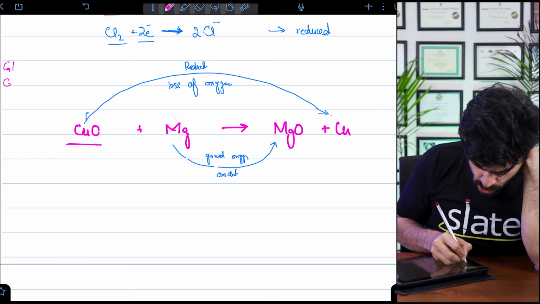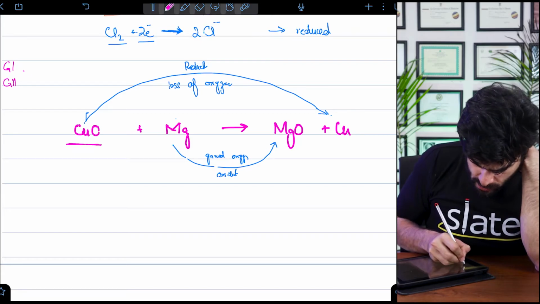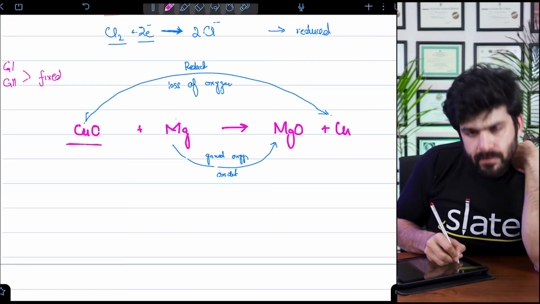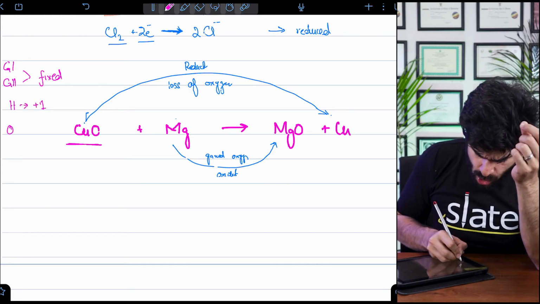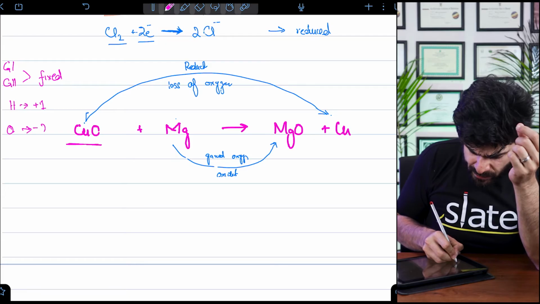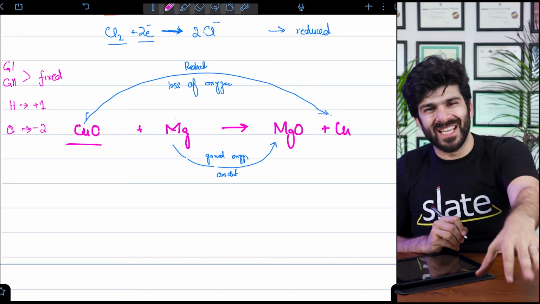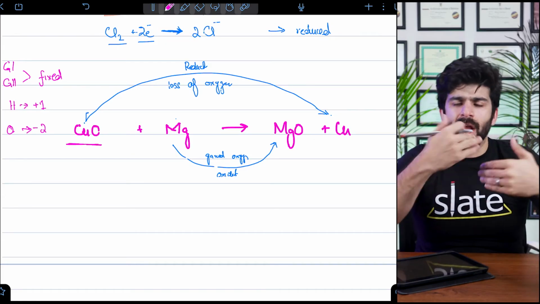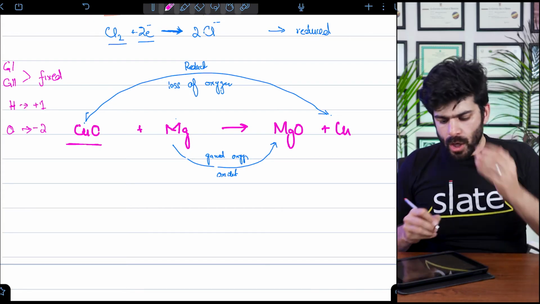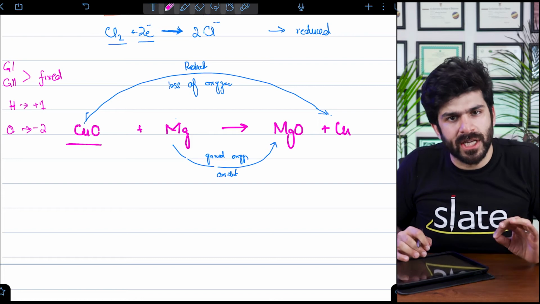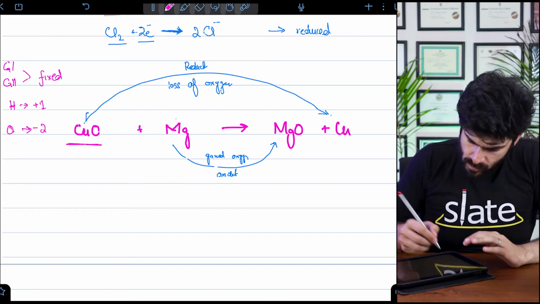Group 1, Group 2, they have fixed oxidation states. Hydrogen always has +1. Oxygen always has -2. This is for O levels. In A levels, we have peroxide and hydride, but for now, for you, this is fixed. So we know about the oxidation state of oxygen.